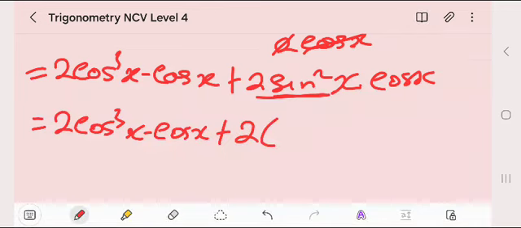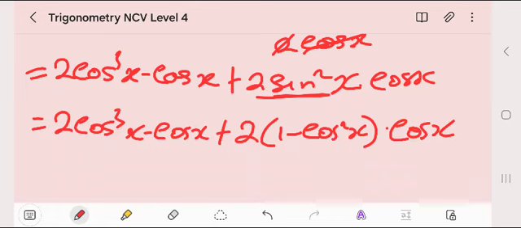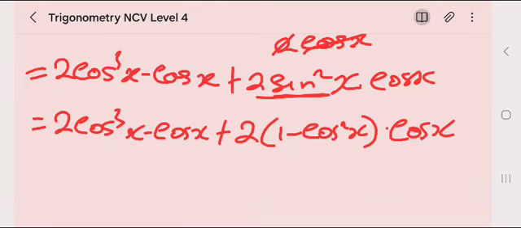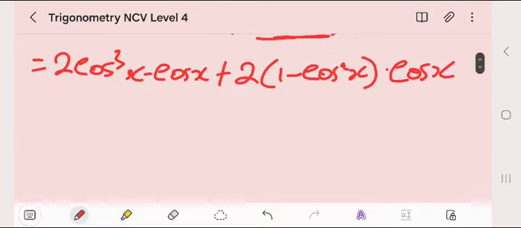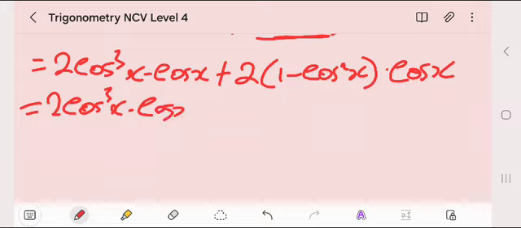I don't have a choice. This will be 1 minus cos squared x multiplied by cos x. Now we have coses. Now we are on the right track. 2 cos cubed x minus cos x plus this.